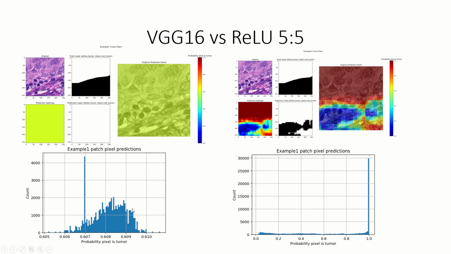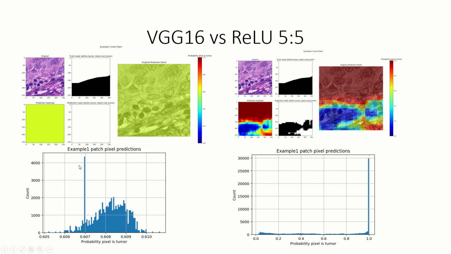Look at this bell-shaped curve of the probability. The majority is beyond 0.5, which is why it's detecting non-tumor, but that is wrong. There's no gradation, no difference in level.